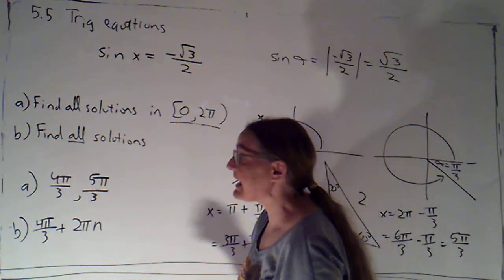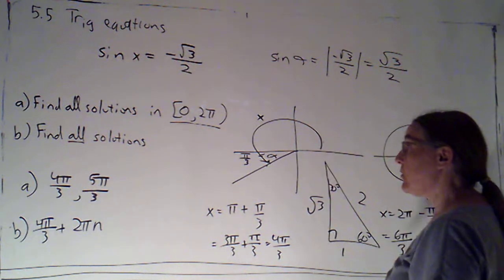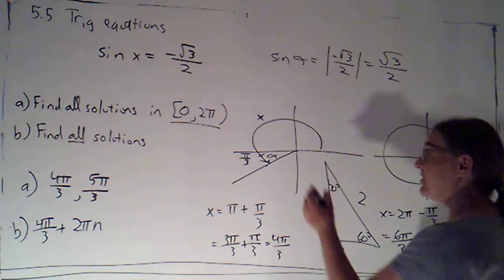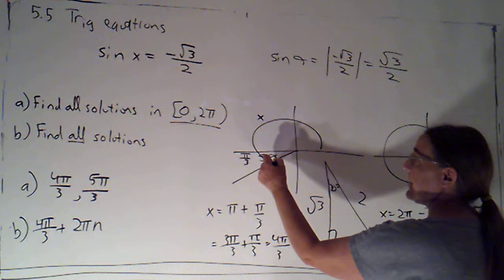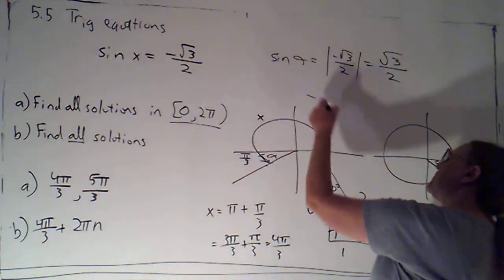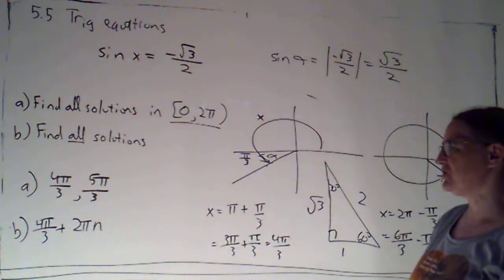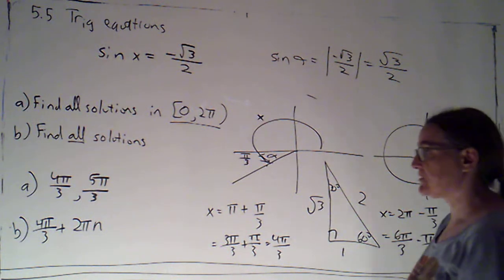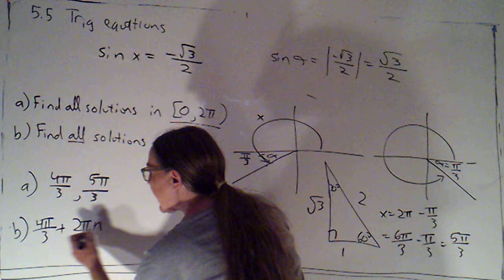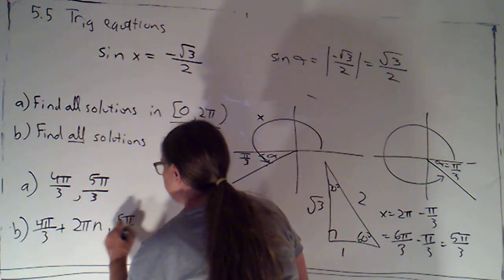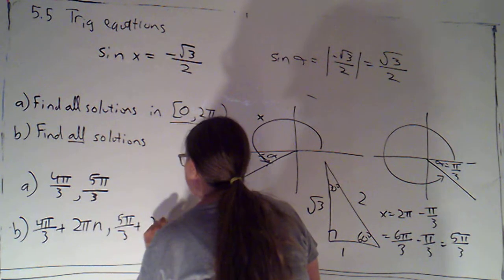And integers can be negative, so if n is negative, that just means that I'm coming 4 pi over 3, but then I'm rotating the other way, so I'm subtracting a multiple of 2 pi, and that works as well. I'm also going to have 5 pi over 3 plus 2 pi n.